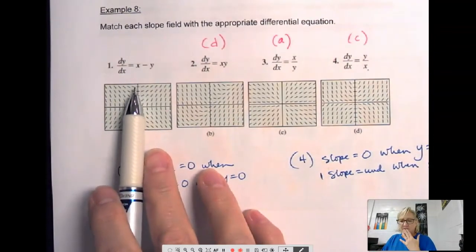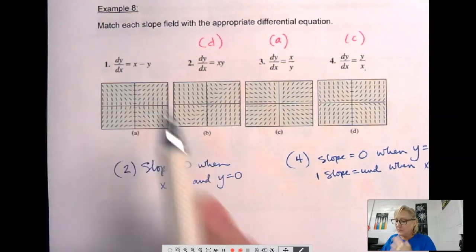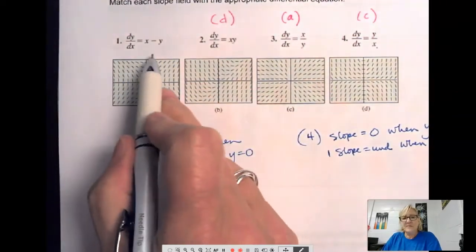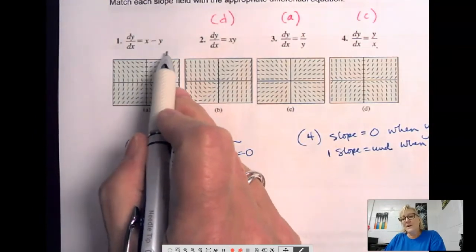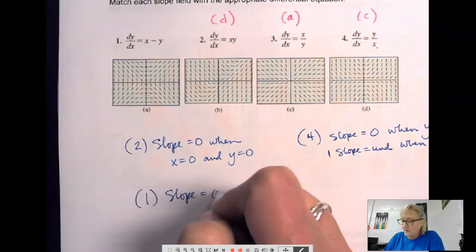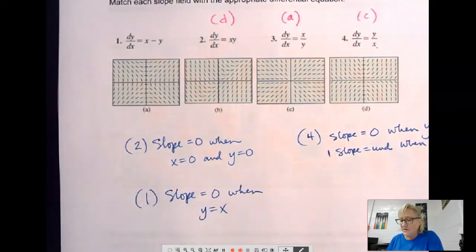Okay, and let's just look for something that does verify that B must go with number 1. Okay, so when would this be 0? This would be 0 when y and x were the same number.